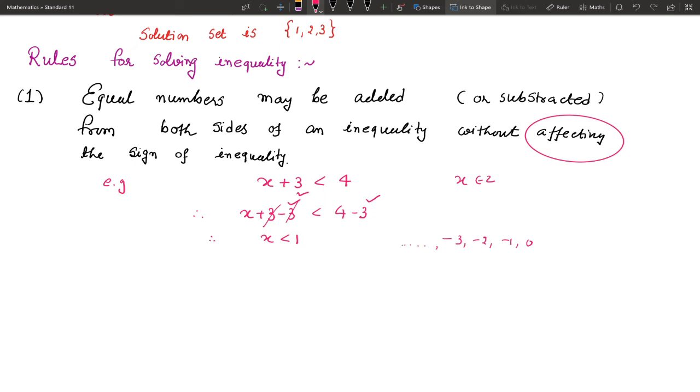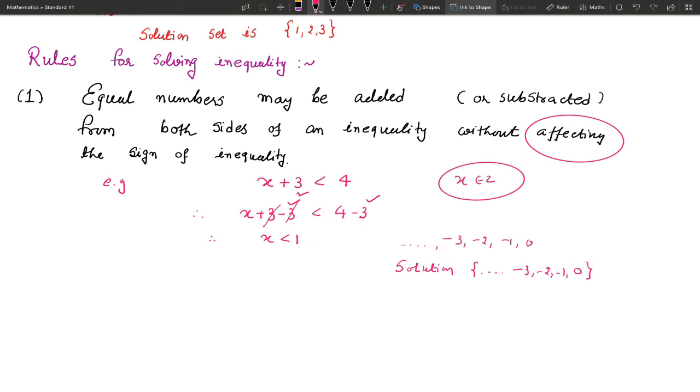Here so many other numbers are possible. So in the solution set for x belongs to Z, using this rule, we can write solution as dot dot dot minus 3, minus 2, minus 1, 0.